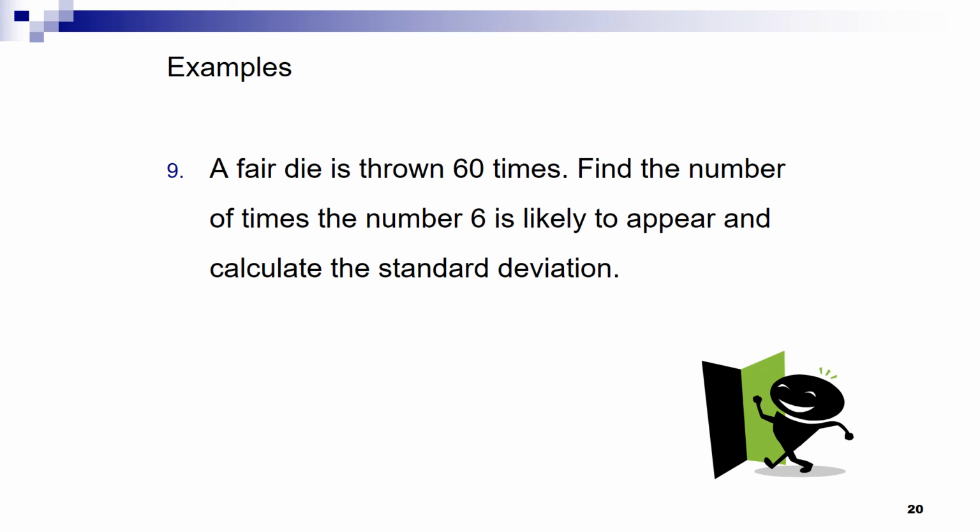Example 9. A fair die is thrown 60 times. Find the number of times the number 6 is likely to appear and calculate the standard deviation. When we say the number of times number 6 is likely to appear, it means find the expectation. As usual, define your discrete random variable x as the number of times number 6 appears.